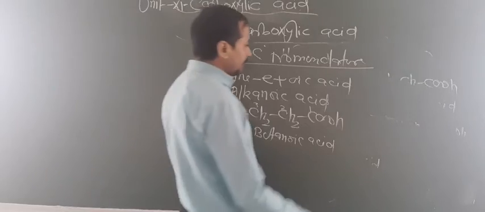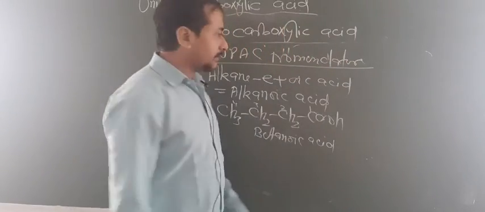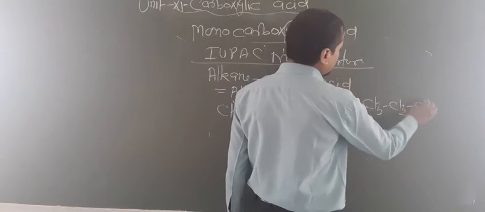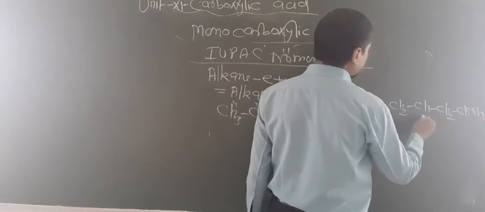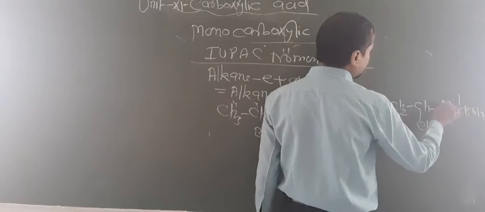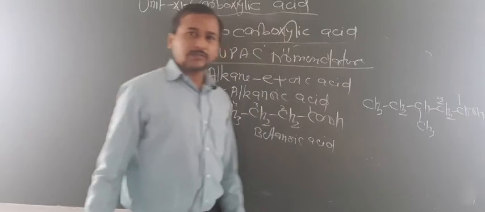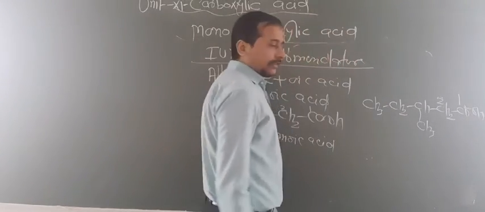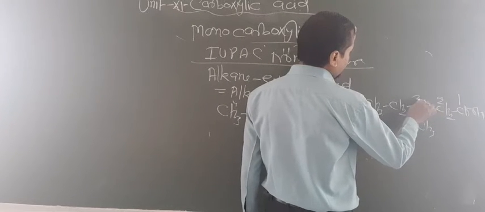If a branching is there, you have to put the name by giving the position as a number. Now look here, CH3CH2CH(CH3)CH2COOH. The carbon containing CH3, you have to number starting from the carbon attached to OOH, so the carboxylic carbon is also included in the IUPAC numbering.